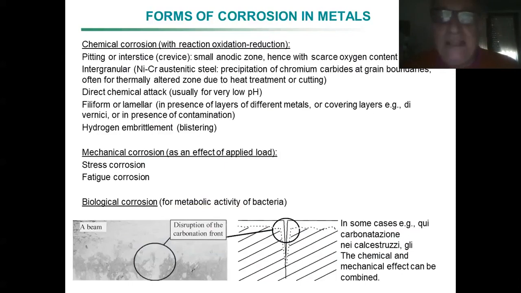Corrosion, or the application of a force which exceeds the strength, the allowed strength, or you may have failure due to fatigue. When I say fatigue, I mean cyclic loading. Fatigue means cyclic loading.